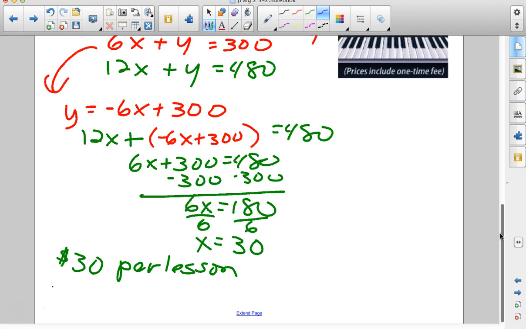Top colors to me up here. Where is it? Where should we take that $30 to find the fee? Red one right here. Built for it. Y equals.